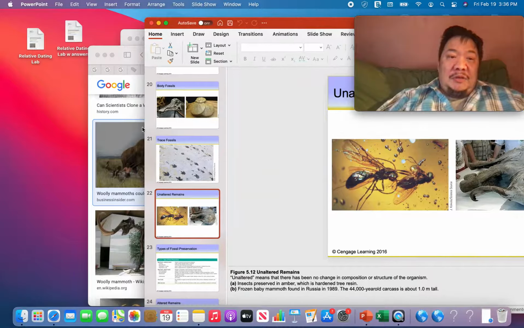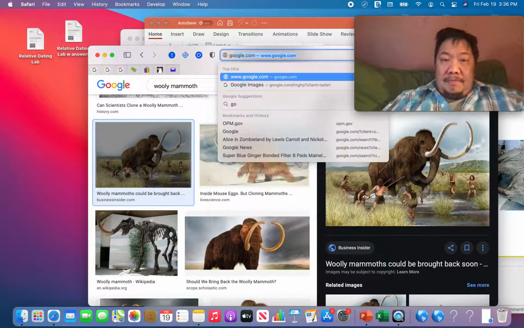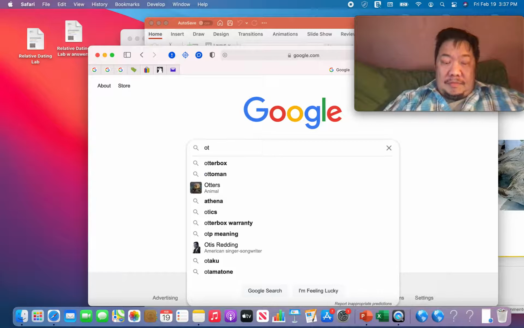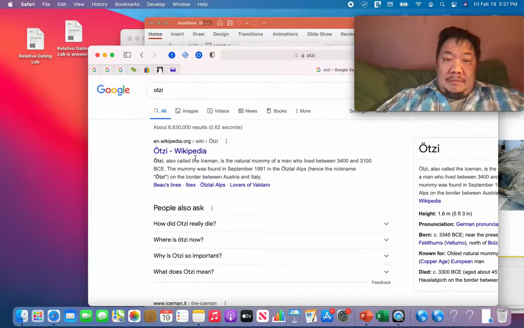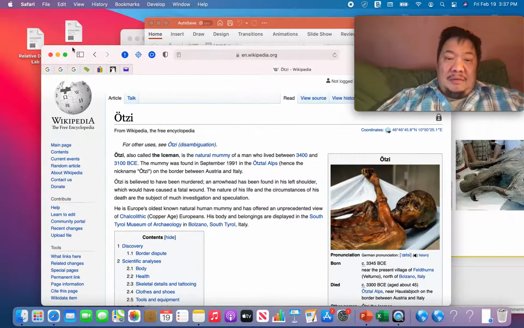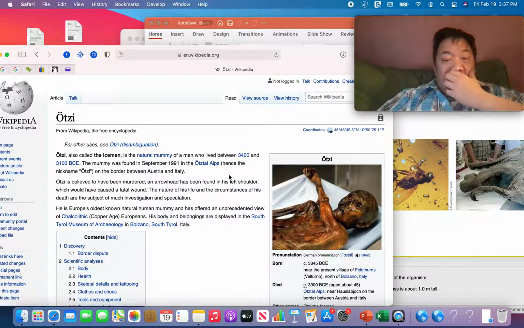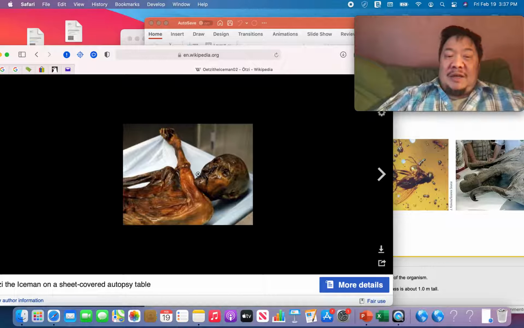Let me show you some other examples of that. Have you ever heard of Otzi? Otzi is a man who died about 3,300 years ago, and they found his body preserved with the skin and muscle still there.